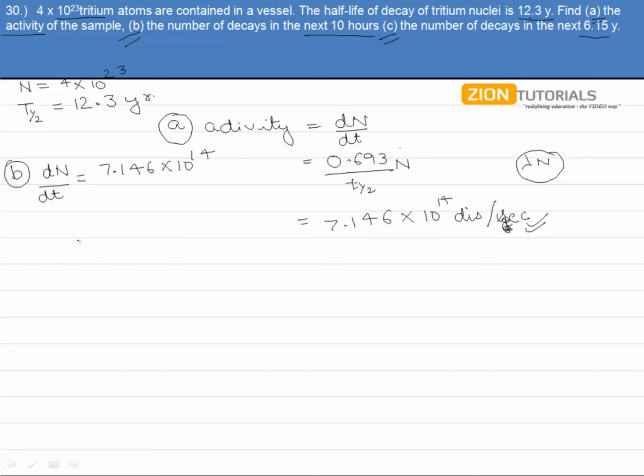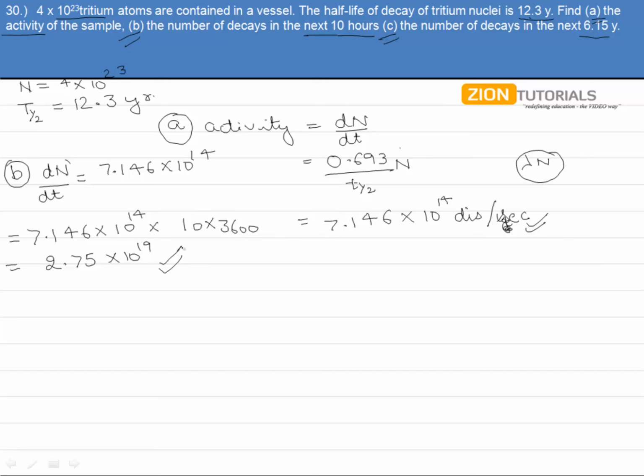So number of decays in next 10 hours is equal to, because dN is equal to this times dt, so N is this into t, giving us the required number to be 7.146 into 10 to the power 14 into 10 into 3600, giving us a number of 2.75 into 10 to the power 19.